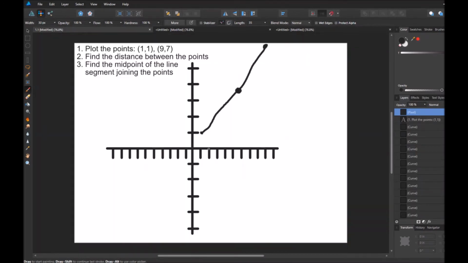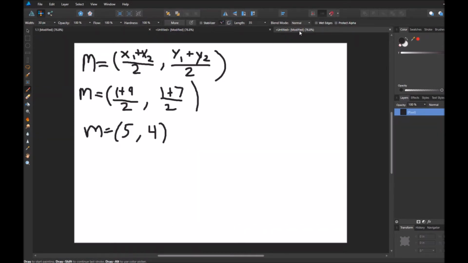So if we go 1, 2, 3, 4, 5, and then we go up 4 right here, we see that our midpoint is right here. If I had drawn the line more accurate to what it was supposed to be, then that would be the midpoint. My line that I drew here and the point here is inaccurate, but I was just giving a sketch to give the idea.